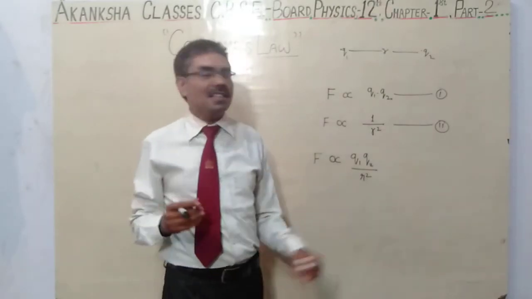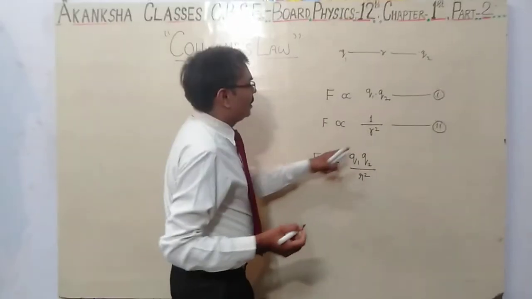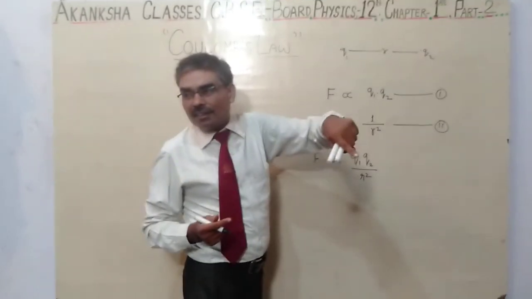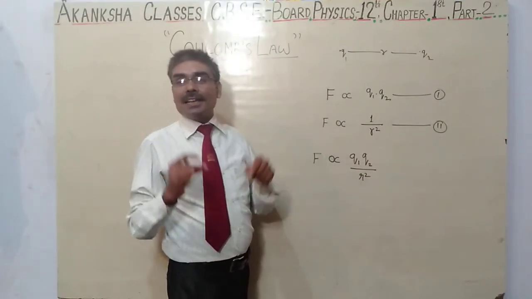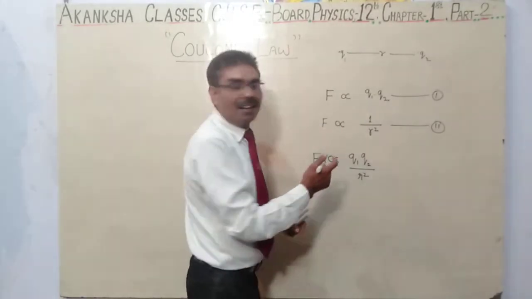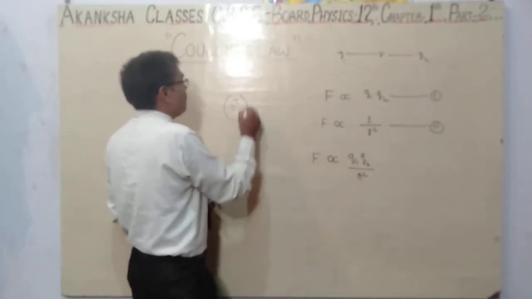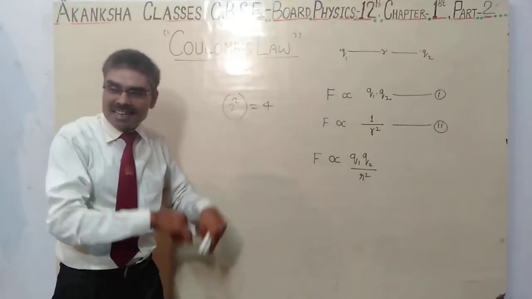You may understand this by one example. If r is doubled, if separation is doubled, then the force becomes 4 times smaller. If separation is doubled, then force becomes 4 times weaker.